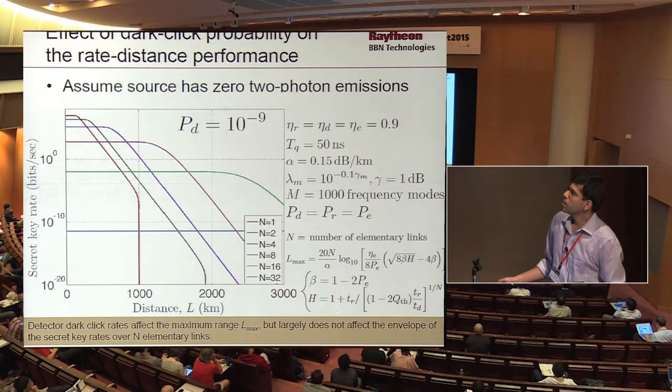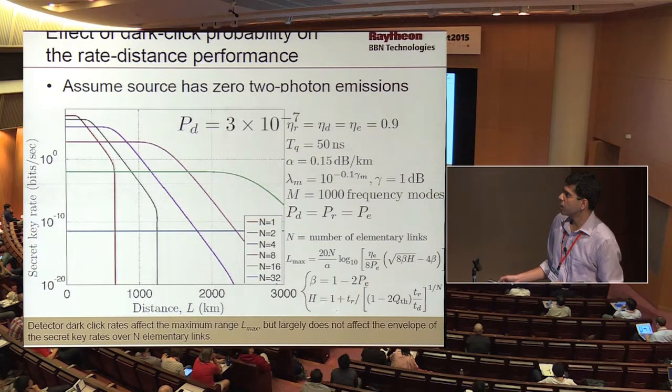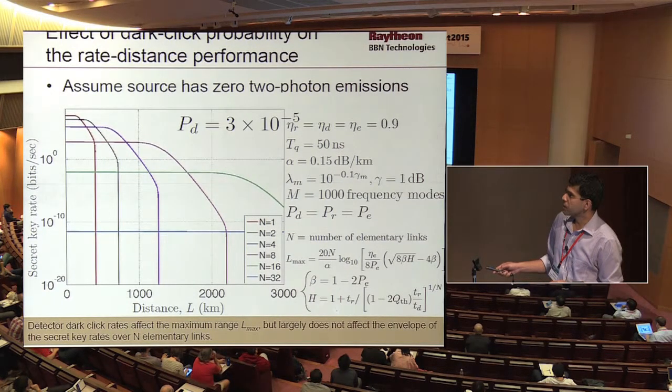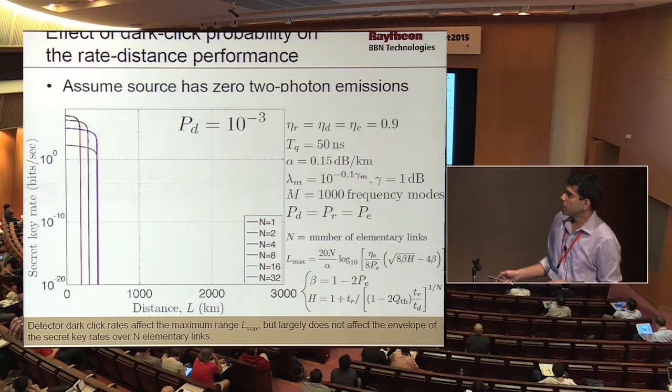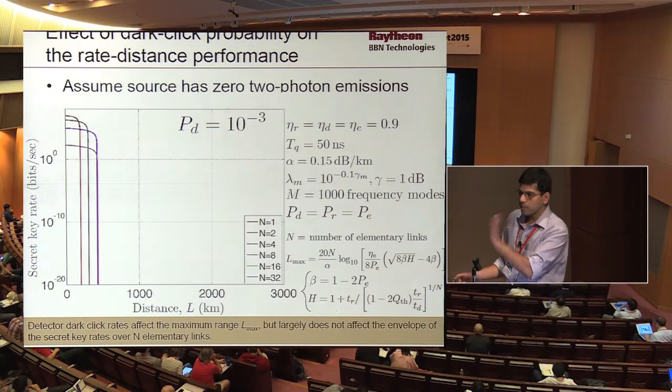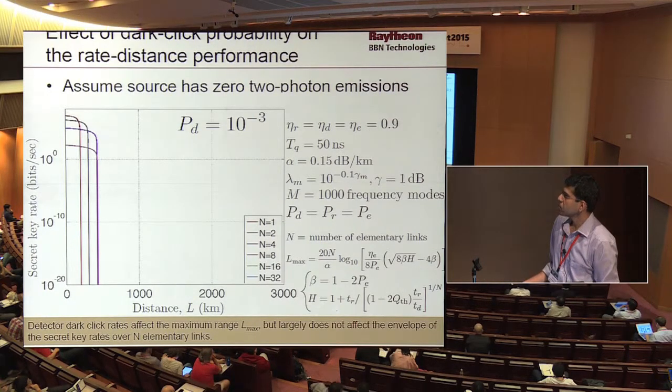As you keep increasing dark click rates, the cliffs start appearing earlier and earlier, but the envelope doesn't change. But of course, if you increase it by a lot, even though the envelope doesn't change, there is no curve over here. You'd have to go down to a large number of repeaters, and your initial rate itself will be very low, so there's not much point doing that. So dark clicks affect the cliffs but not the envelope, up to a certain point.